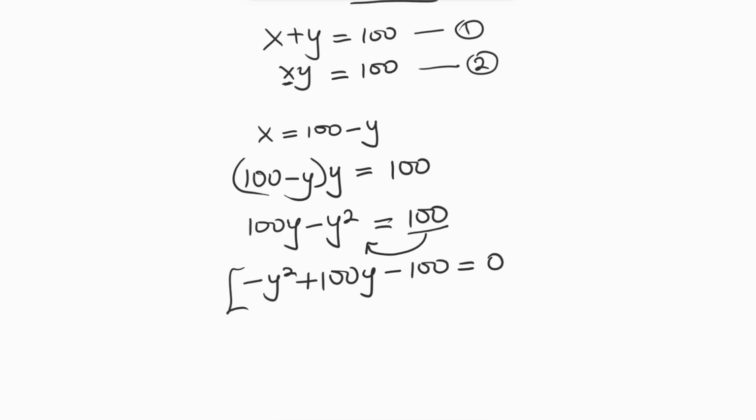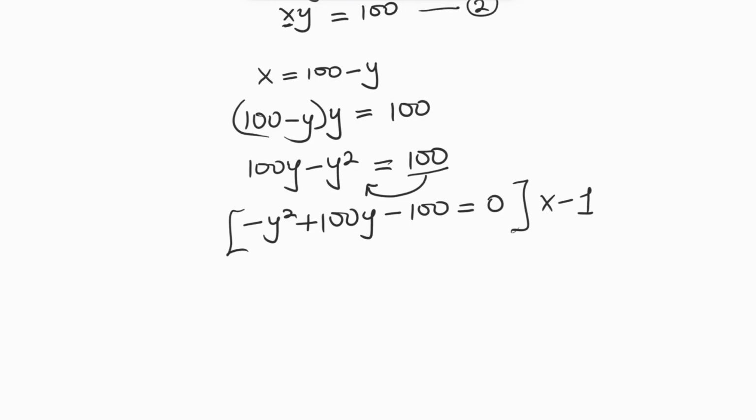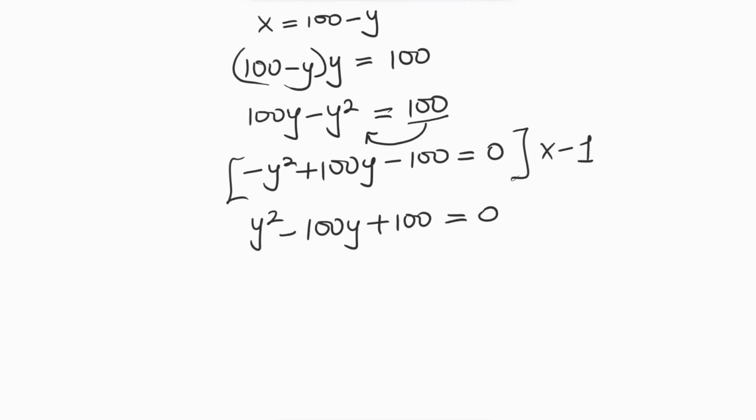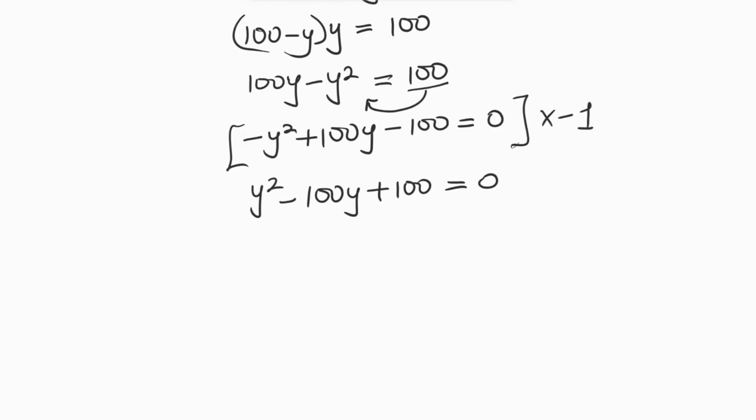So if we multiply left-hand side and right-hand side by minus 1, we have minus times minus for the y squared will become positive y squared, plus 100y times minus 1 will give us minus 100y, and minus 100 times minus 1 will give us positive 100, and that's all equal to 0. Now, in order to solve for the value of y, we need to employ the quadratic formula.